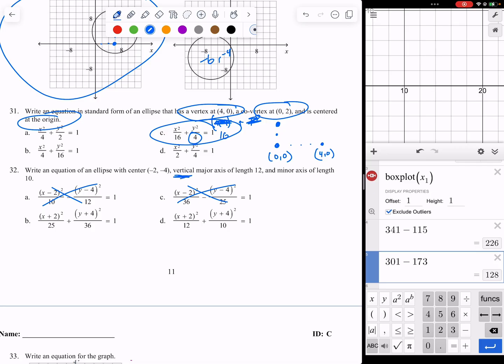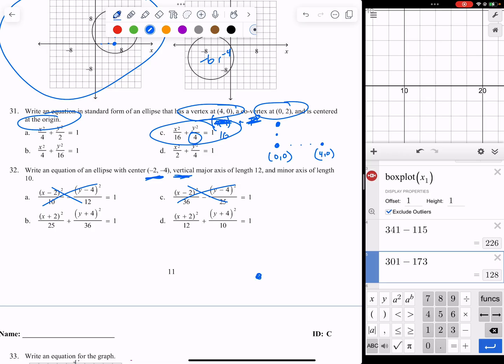Vertical, major axis is 12. Minor axis of 10. -2, -4. Now the major axis, vertical, is 12.